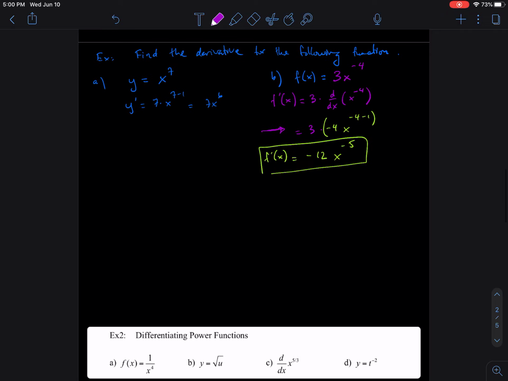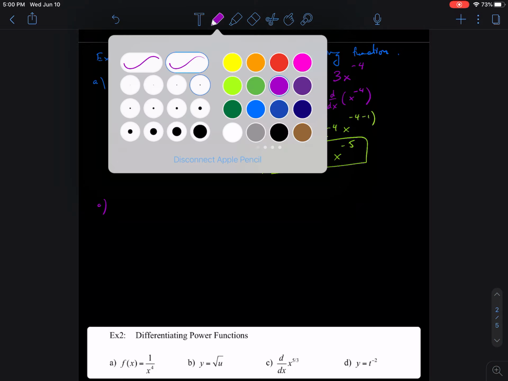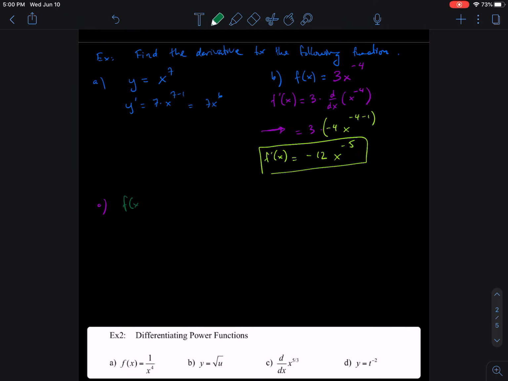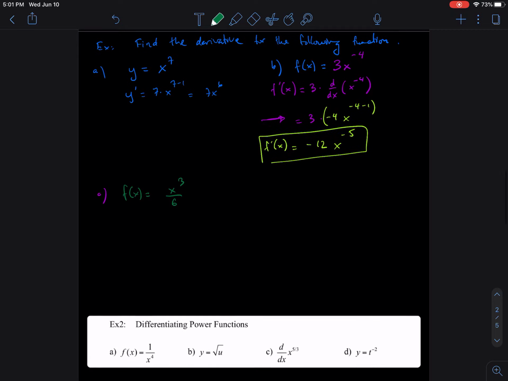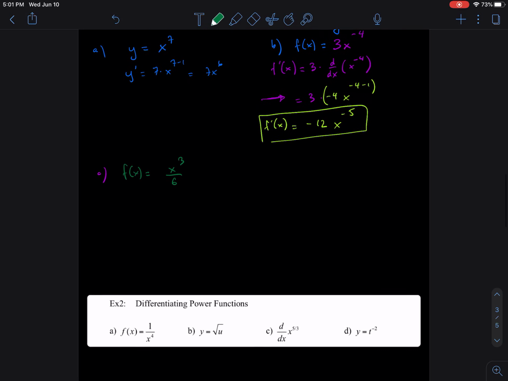Okay, let's go and do another example. What if we have f of x equal x to the 3rd over 6? Well, in this case, the constant in front of the x is not 6, but it's 1/6.